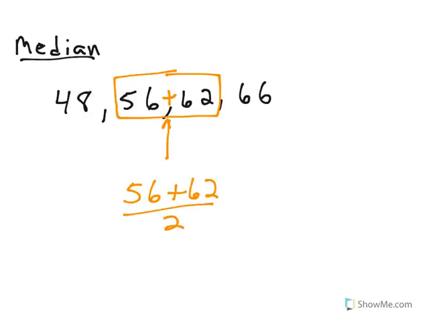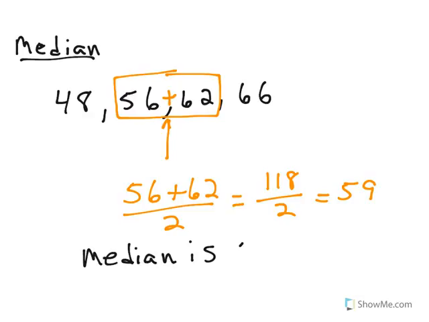So we're finding the mean, or the average, of those 2 values. 56 plus 62 is 118, and divided by 2 gives us 59. So the median in this example is 59. In the last example, we had an odd set of values where you simply pick the middle number. When you have an even set of values, you must add the 2 middle numbers and divide by 2.